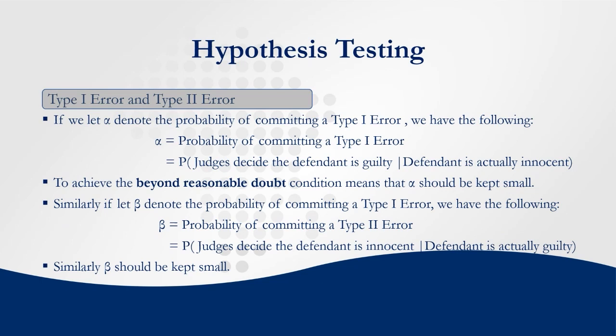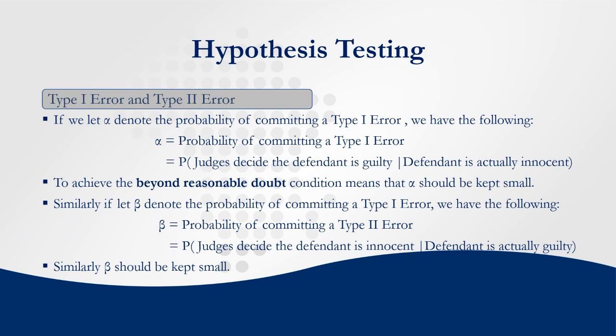Then the probability of committing that error, we say it's alpha. So whenever you see alpha, alpha is the probability of a type 1 error. Alpha denotes the probability of a type 1 error.